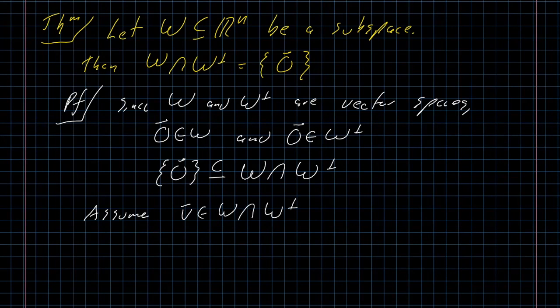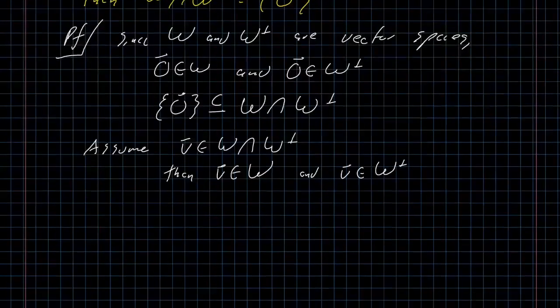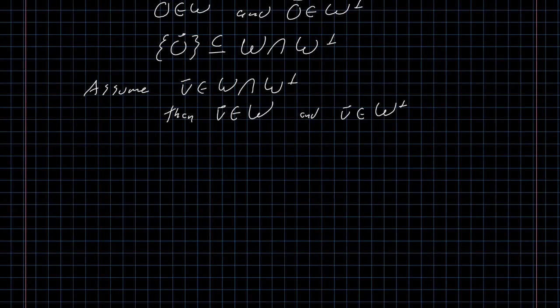So assume that we have an arbitrary vector v in the intersection. Well, being in the intersection means that you are in the vector space and you are in its orthogonal complement. And the definition of the orthogonal complement tells us that any vector in the orthogonal complement dotted with any vector in the vector space, like v and v, must be equal to 0.